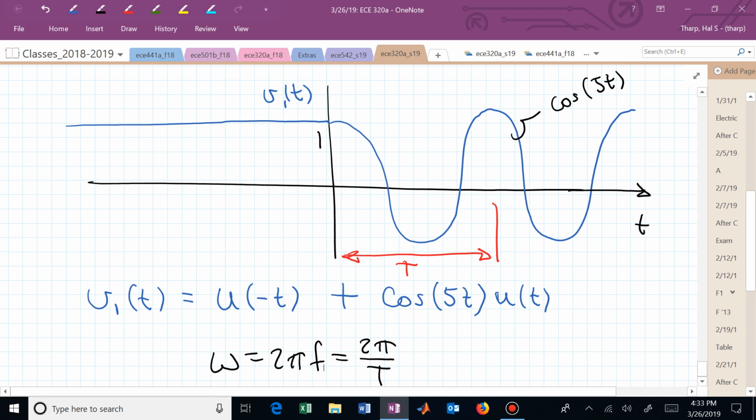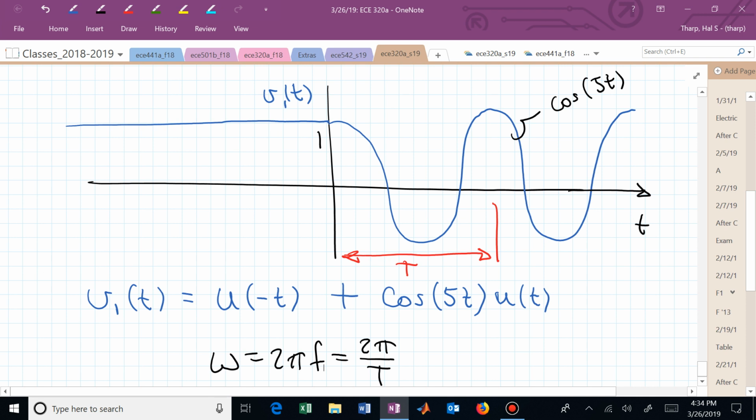Let's just assume u of minus t, and stay away from 0, and we'll throw you away at 0. Is that okay? In reality, we would have a bump up of 2 instantaneously, but that wouldn't influence our circuit.